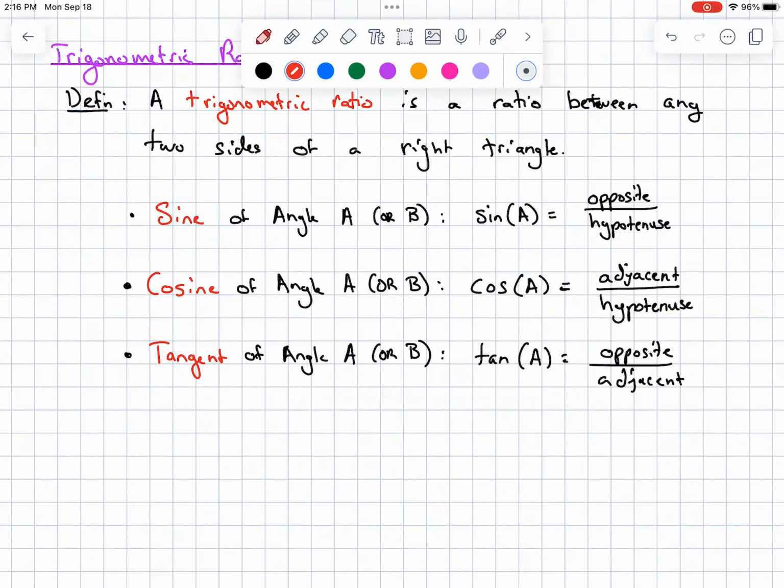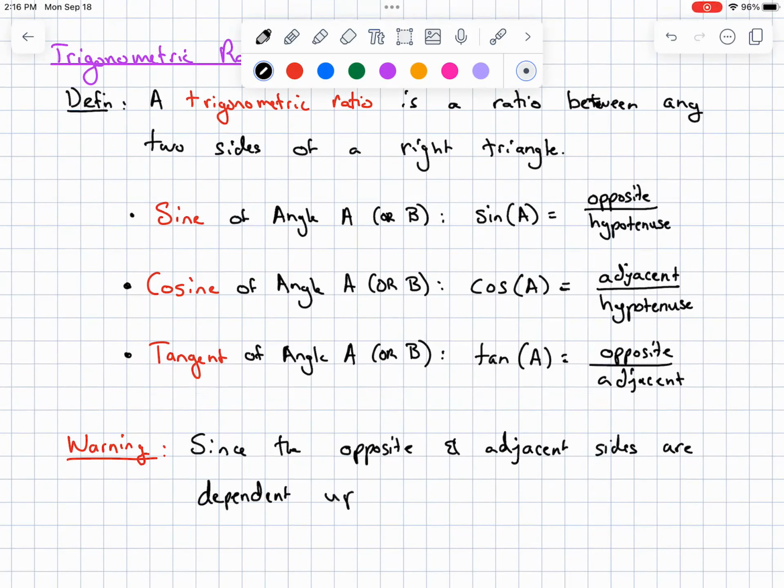So, warning. Since the opposite and adjacent sides are dependent upon the angle we're using, we always specify the angle.